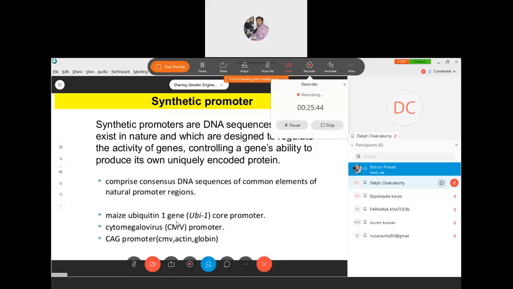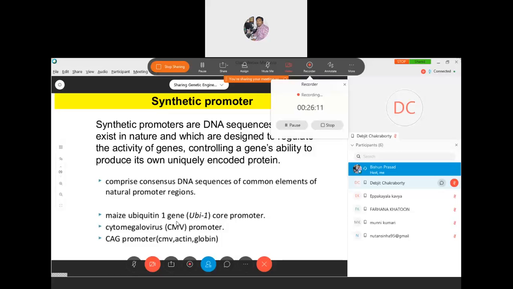So DNA ligases are used to join DNA fragments, and they are also known as molecular glue. Restriction endonucleases cleave the phosphodiester bond, whereas DNA ligases form it. These two play a very important role in recombinant DNA technology.